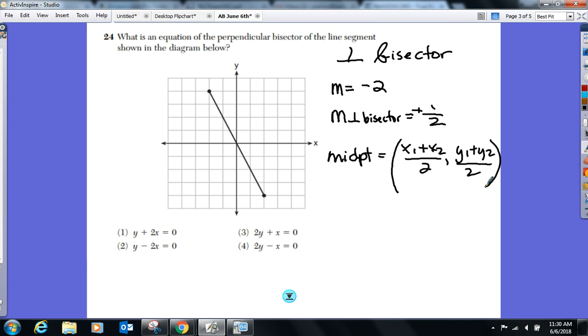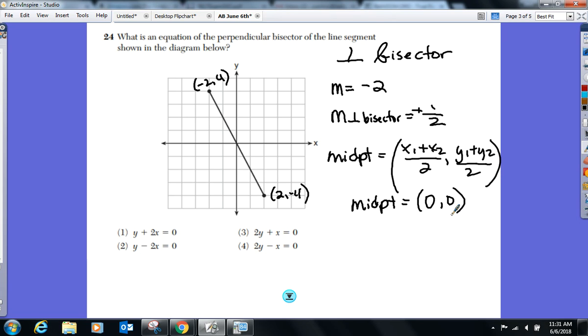So let's figure out the points. This one's what? -2, 4. And this one down here, what? 2, -4. What is the midpoint of that line segment? Yeah, it's the origin, right? 0, 0.